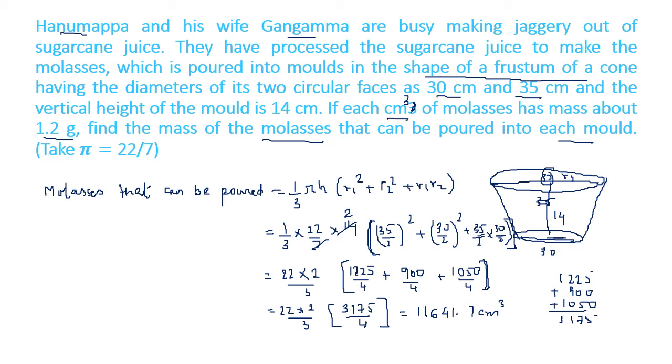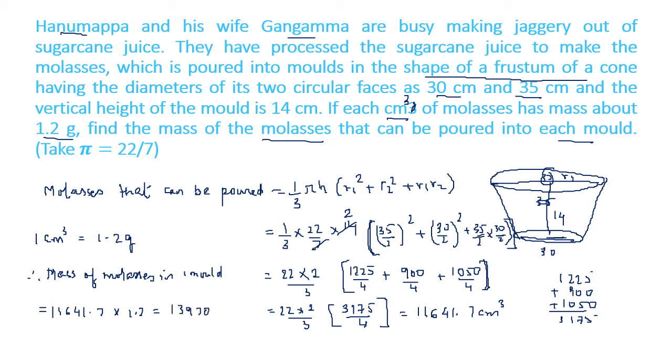Now each centimeter cube, so 1 centimeter cube carries 1.2 gram. Therefore, the mass of the molasses in 1 mold will be equal to 11641.7 into 1.2, that is 13970.04 grams.